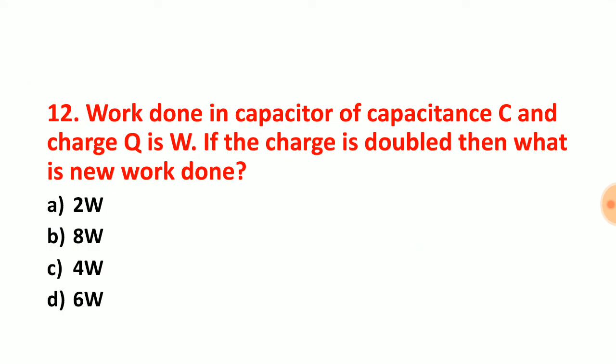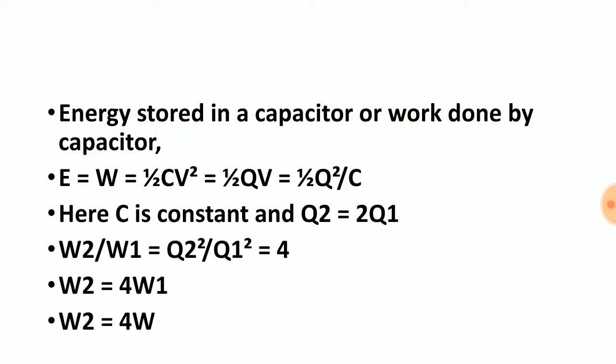Now let us see question number 12. Work done in a capacitor of capacitance C and charge Q is W. If the charge is doubled, then the new work will be? Our formula to find work is W equals half C V square. Here C into V can be written as Q, so we can reduce this as this, and again we can write V as Q by C. So our formula will be this.